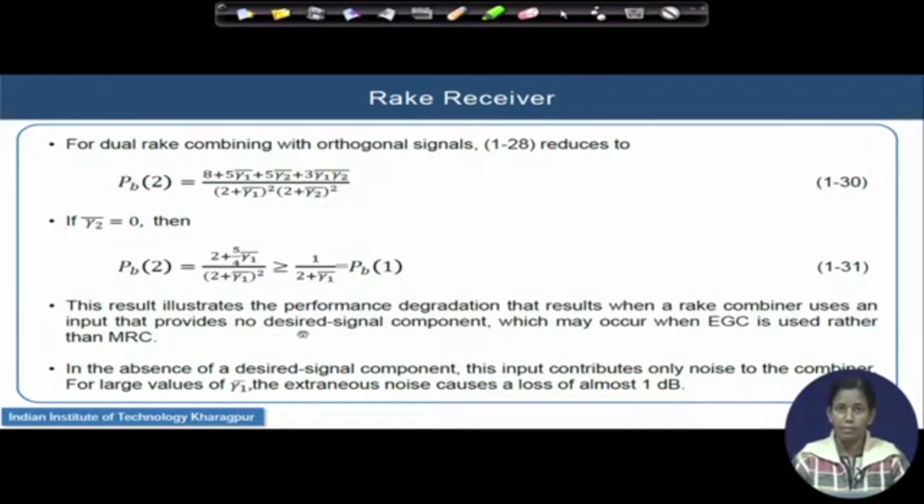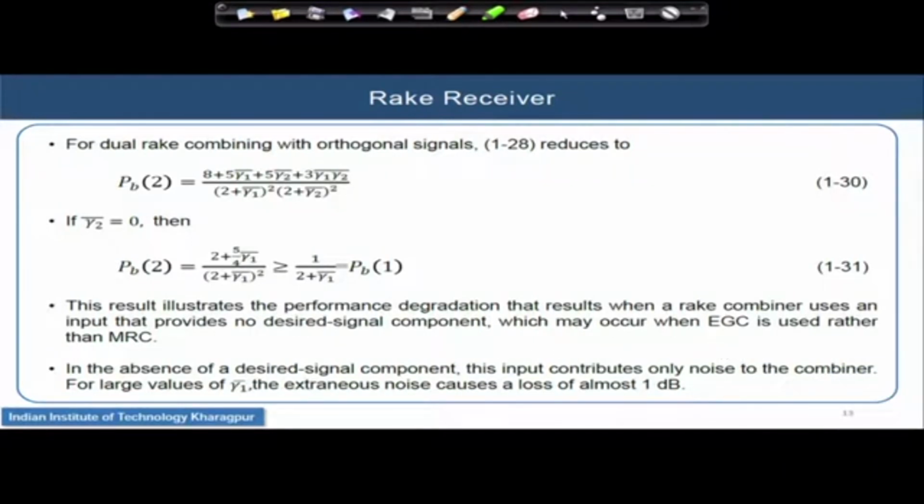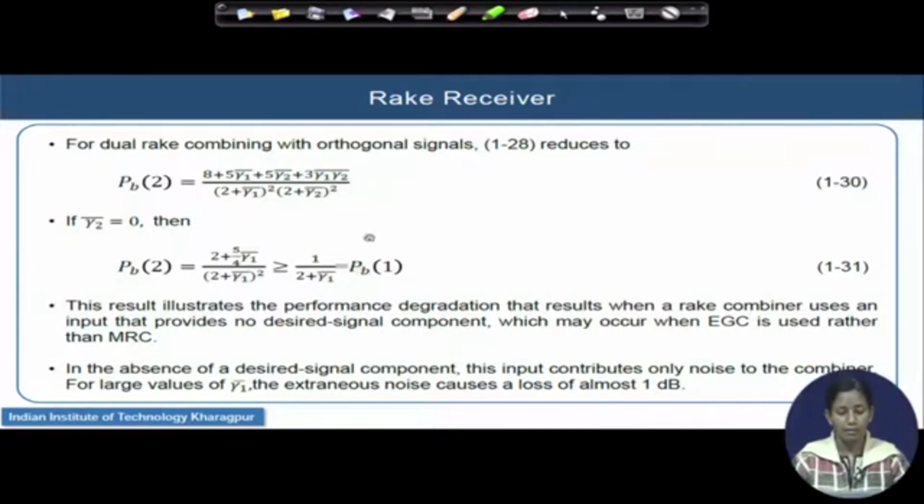Even if the path is there, the desired signal component may be absent when combining by the EGC, the equal gain combiner, rather than MRC, because in MRC every path is estimated, the parameters are estimated, and then the combination goes on. So, when the error probability is high, even though we understand that multiple paths exist, we may need to take a call whether to go ahead with EGC combination or switch to MRC.